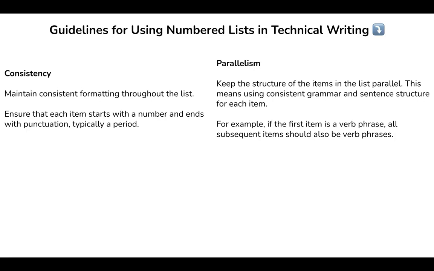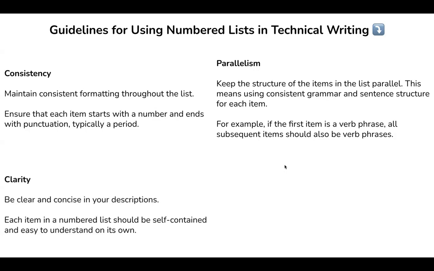So once you start with create this, you should not deviate from that and just write a normal sentence instead of starting with a verb phrase. Right? So create this, do this, delete this, open this, close this. So you should make sure the structure of the items is parallel.